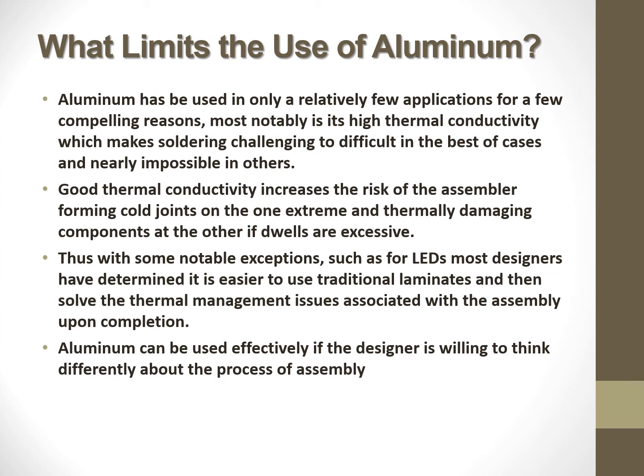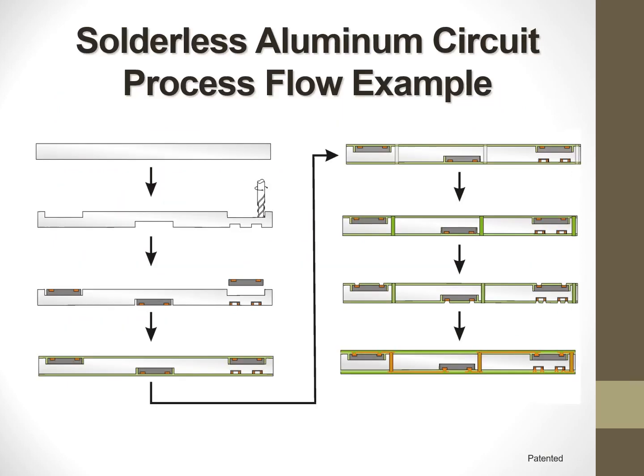So with the notable exceptions, such as LEDs, most designers have determined that traditional laminates were better to serve their purposes. However, aluminum in the structures that I'm going to show you, I think can be used very effectively.